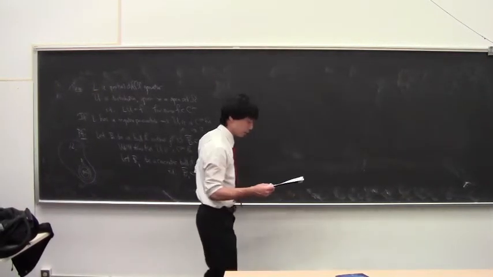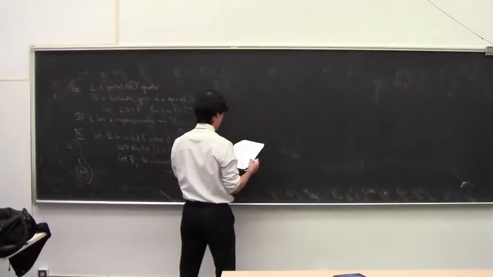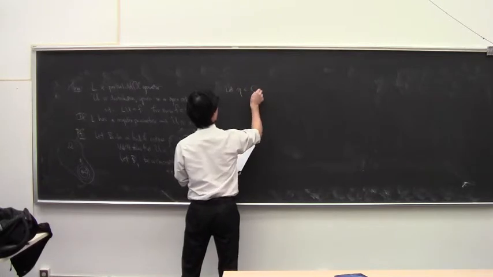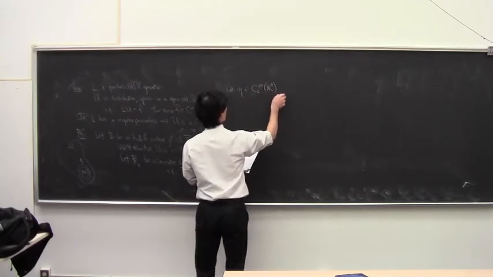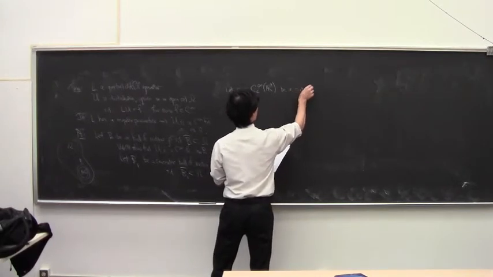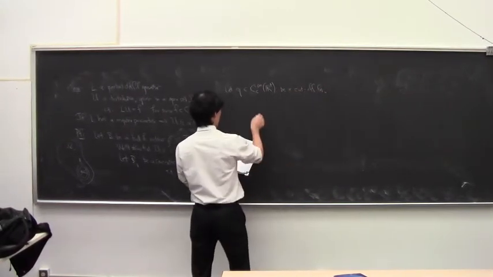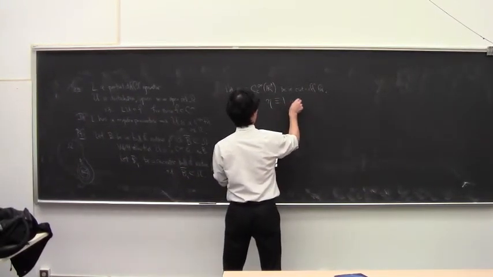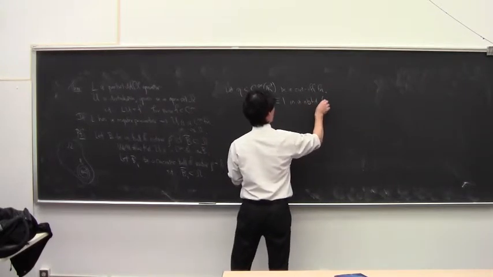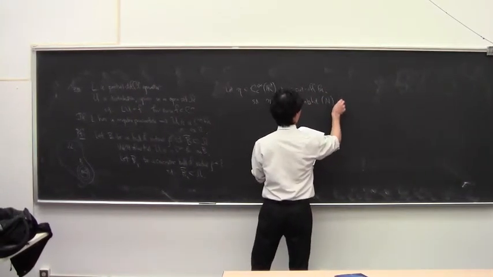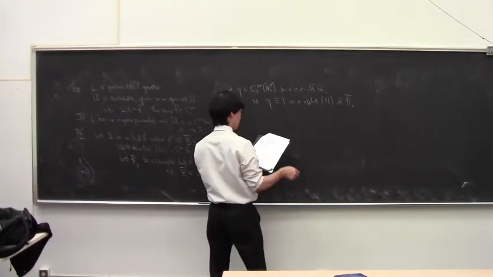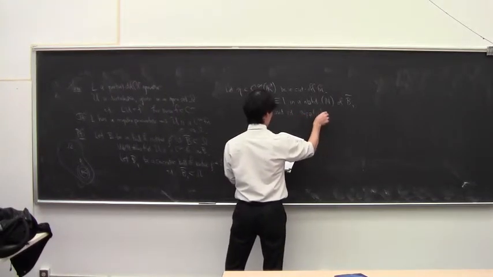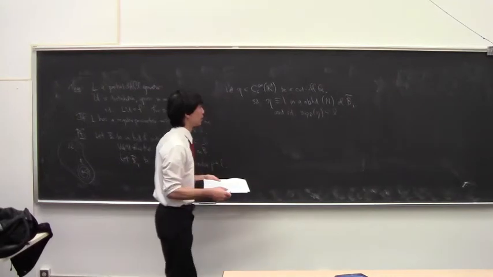And as we've been doing over and over today, take a cutoff function eta, a compactly supported cutoff function such that eta is equal to 1 in a neighborhood, call it N, of B1 bar, and such that the support of eta is contained in omega.